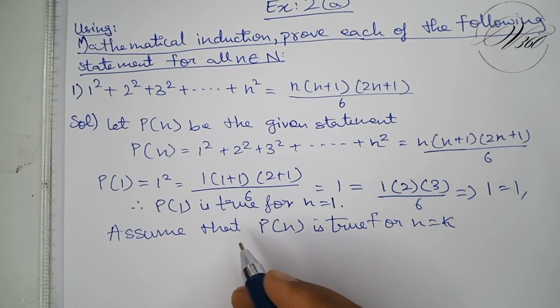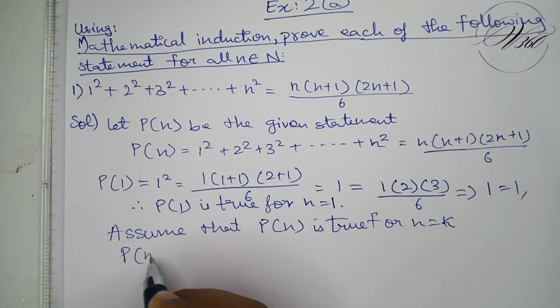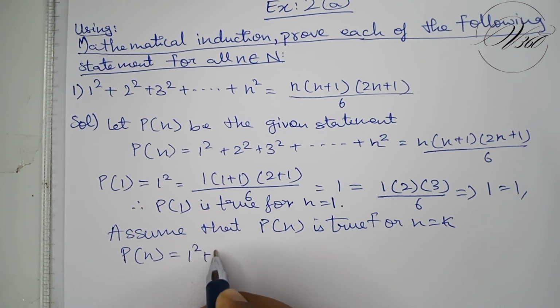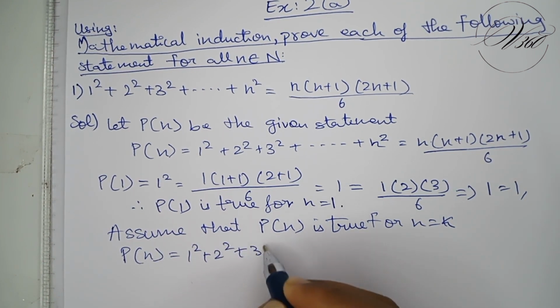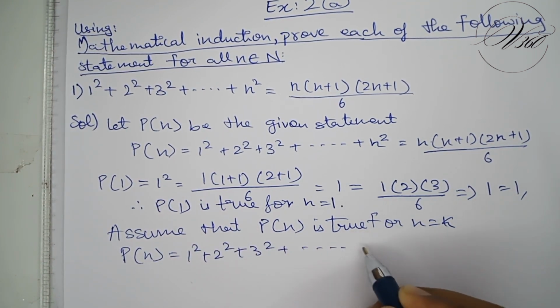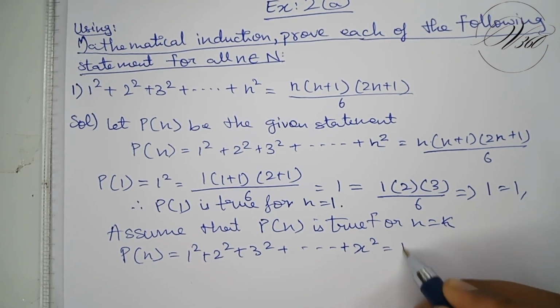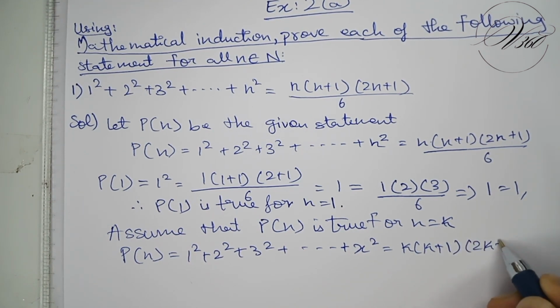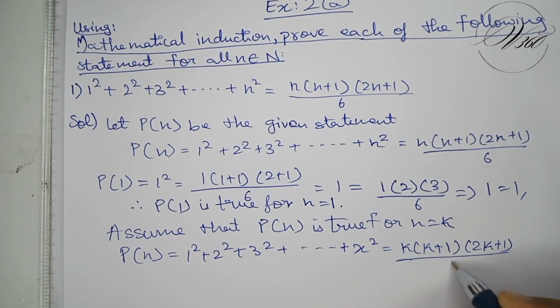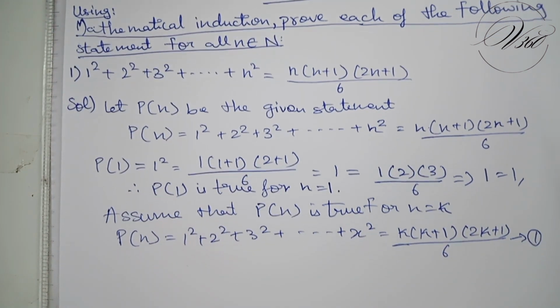Okay, now we will take P of n is equal to 1 square plus 2 square plus 3 square plus till k square is equal to k of k plus 1 into 2k plus 1 by 6. This is the first equation we get.